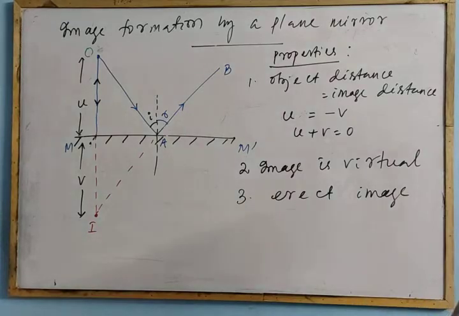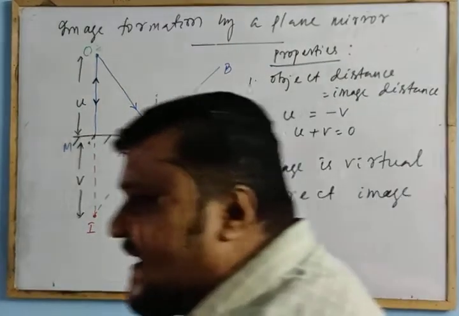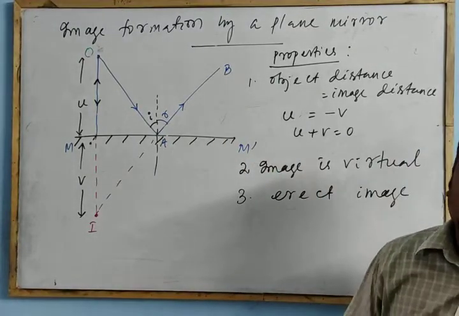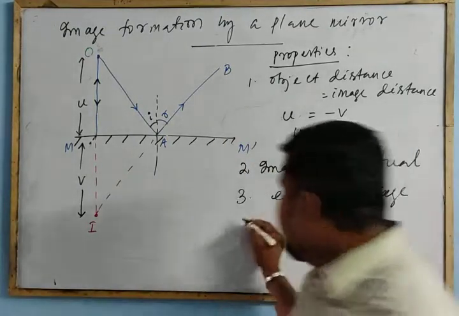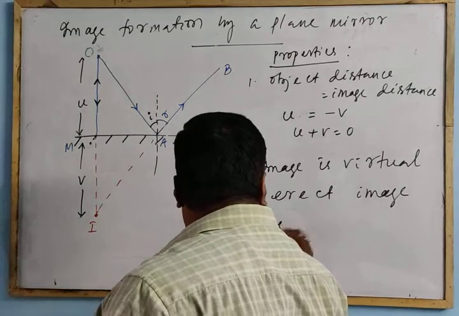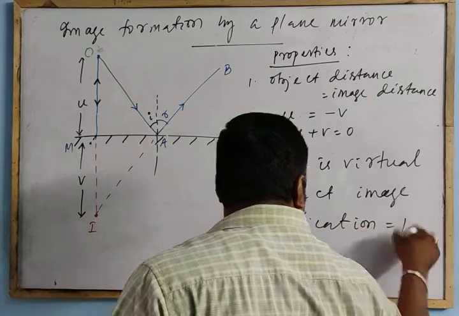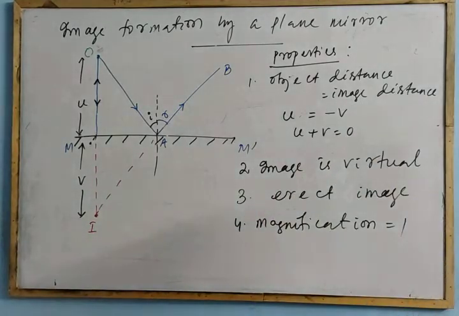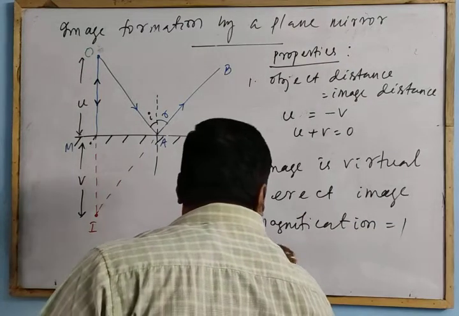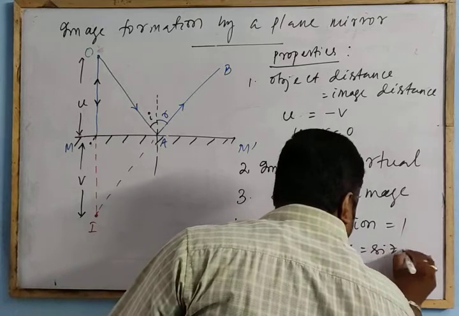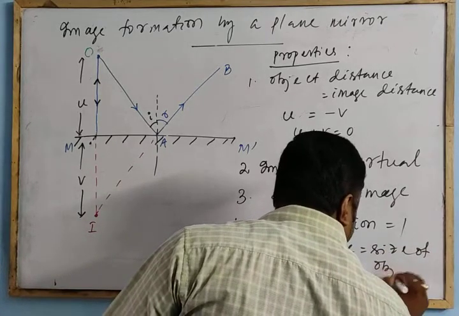Another most important thing is that there is no magnification, meaning there is no change in the size of the object. We can say magnification in a plane mirror is 1. Magnification is 1, which means size of image is equal to size of object.